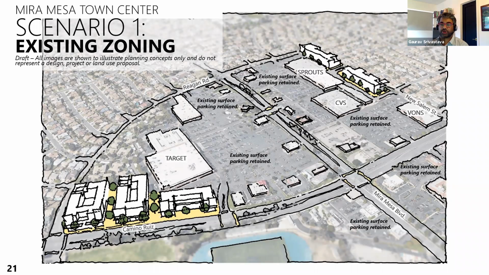And again, just to summarize: all major retail anchors retained, all existing surface parking retained, and the development that does occur is on the margins, the footprint is constrained, and the developers are not required to provide any open space or community benefits.